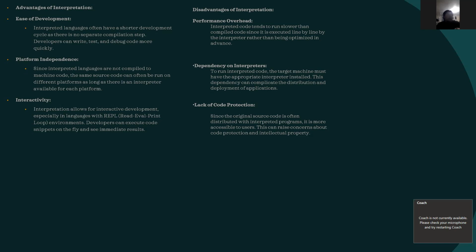Disadvantages of interpretation. Interpreted code tends to run slower than compiled code since it is executed line by line by the interpreter rather than being optimized in advance. To run interpreted code, the target machine must have the appropriate interpreter installed.